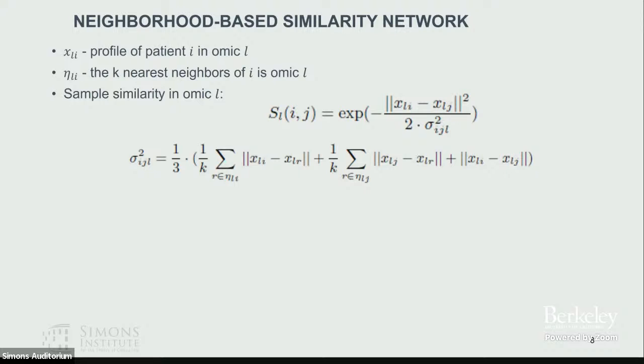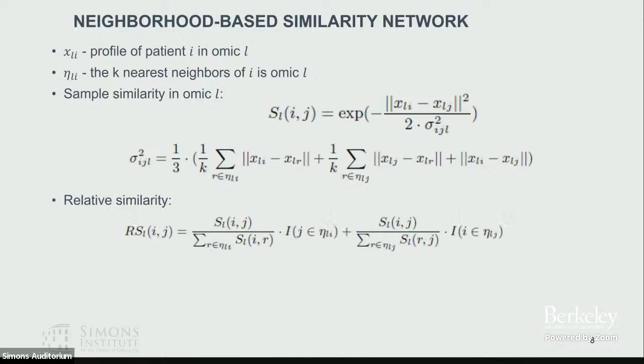And we do this by this radial basis function, where it is normalized by this factor, which is the average of the similarity of sample i to its neighbors, where we focus on the k nearest neighbors. This is the eta that we see here, the similarity of j to its neighbors, and the overall similarity between the two samples.